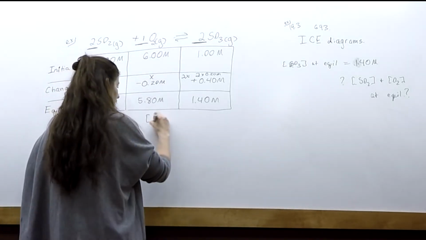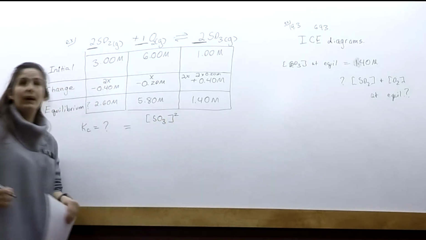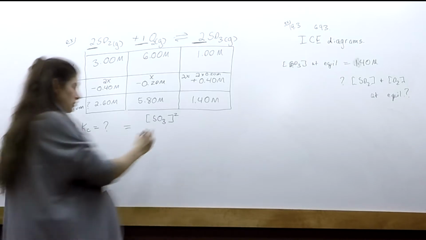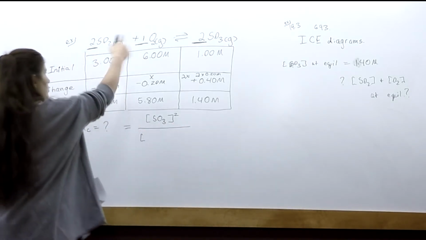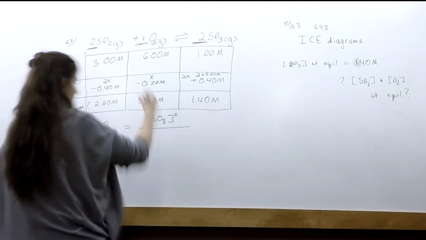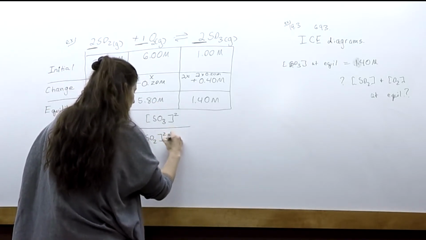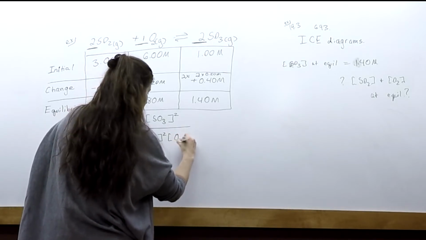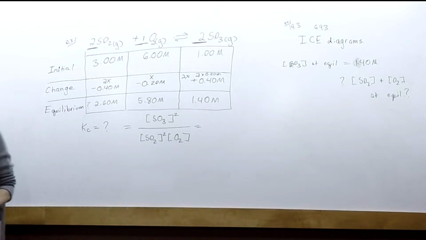So we will have SO3, our only product, on top. We're going to square that concentration because of the 2. Then we divide by the product of our 2 reactants, which is SO2 squared times O2 to the 1. So we can leave that one off.